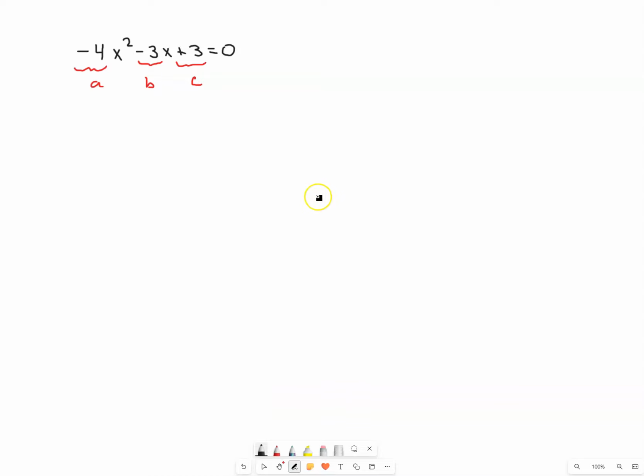The quadratic formula says x is equal to negative b plus or minus the square root of b squared minus 4ac, all over 2a. And now I just have to substitute, right?